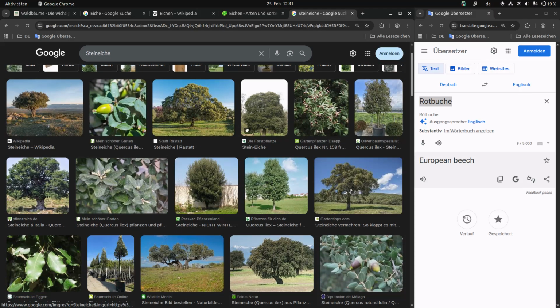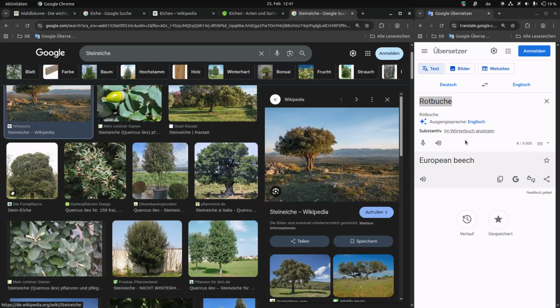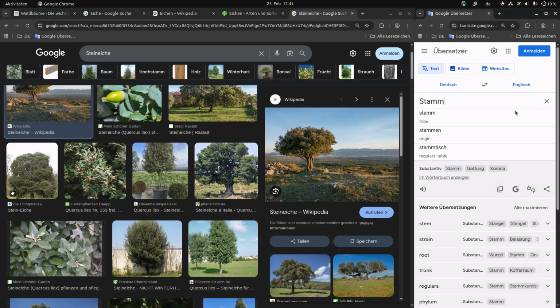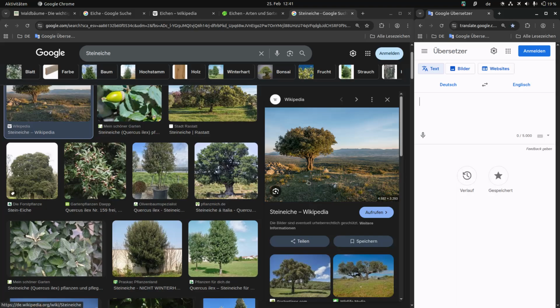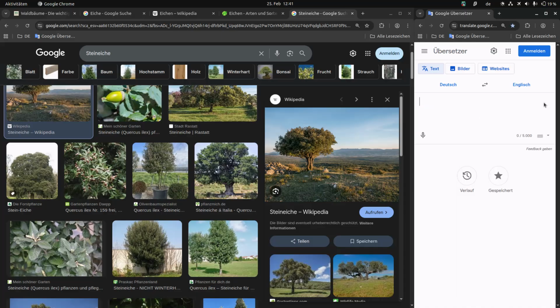It has a bit of a different shape, a smaller tree, with a stem, I think it's called. Stamm in German. And typically it has these different parts of the stem, kind of like Ast, it's called in German, a branch, but more down, like part of the stem.